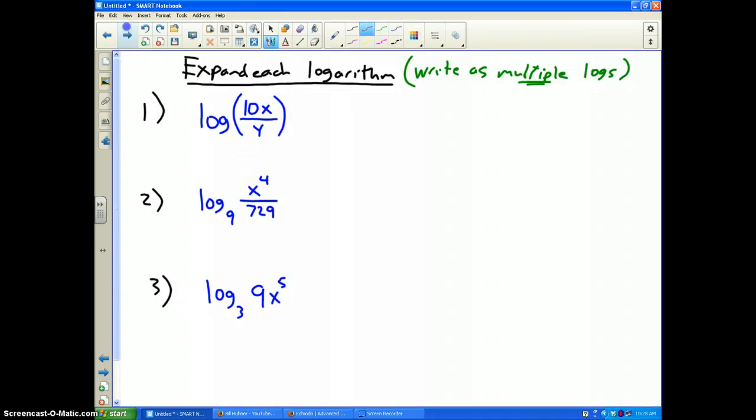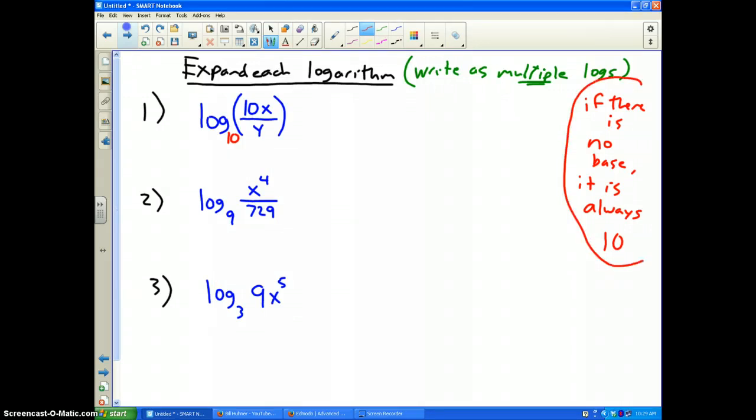Now, the first thing that we need to make sure we know is if there is no base, it is always 10. So you notice there's no base here. I got to write this in. There's a 10 there. If there is no base, it is always base 10. Make that note to yourself right now.